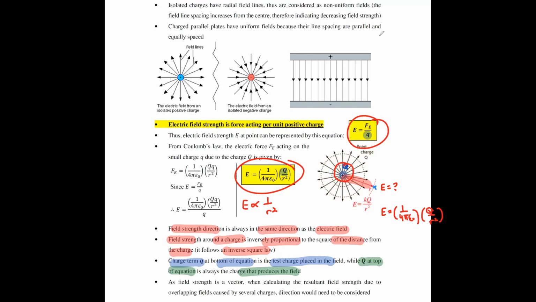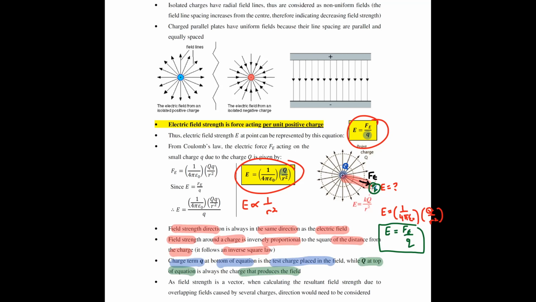Then another equation that you could have used here to find the electric field strength would be E equals Fe over Q. In this case, if you wanted to use this, you would have to place a test charge, small q, here, and then find out the electric force acting on that test charge. Say maybe this one is experiencing an electric force of Fe in this direction.